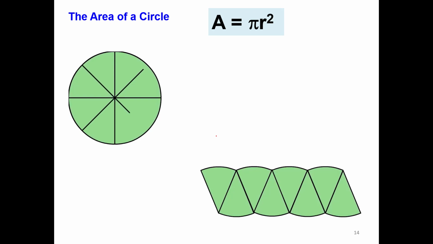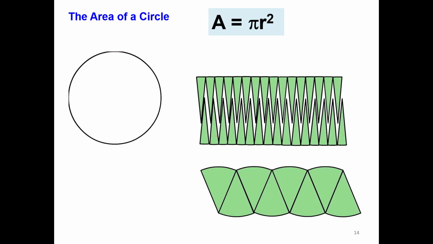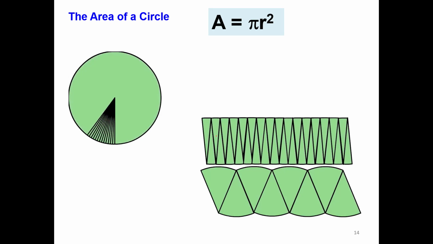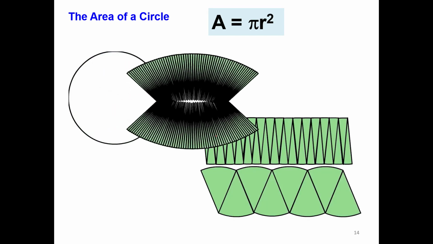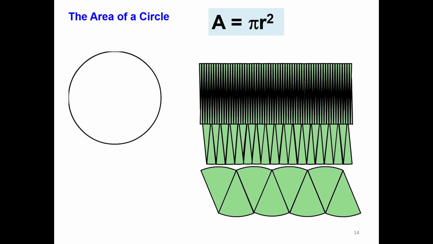So next, we will divide the circle into small equal pieces and arrange them in the same manner. You can see that it appears more like a rectangle. If we divide the circle into even smaller pieces, every time the shape becomes more like a rectangle.